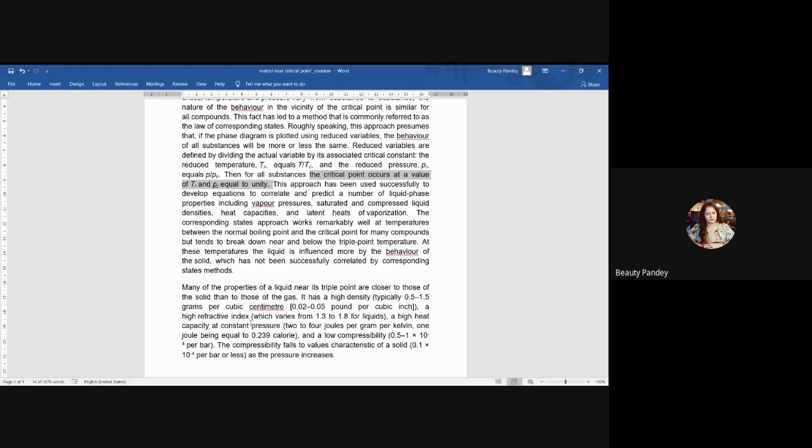Clear? So what was the use of this approach? You can be asked why all this fuss once you have got the critical temperature.